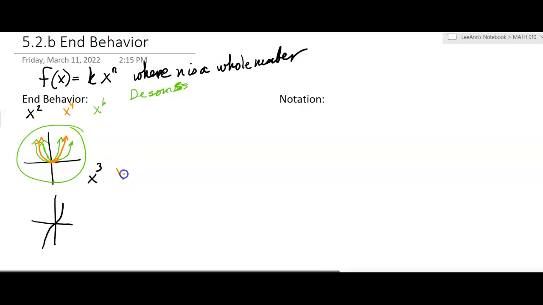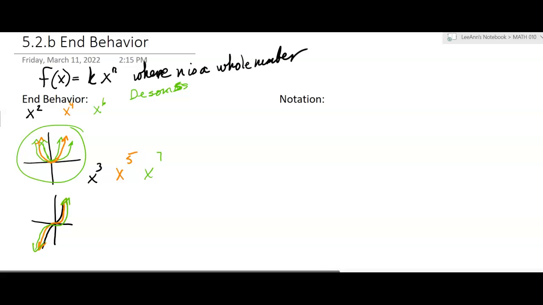And then if we graphed x to the fifth, it would be the same thing, but again, it flattens out a little bit around the origin. Or if you had x to the seventh, again, it kind of flattens out a little bit. So I don't have them drawn very well, but you could draw those, or they're pictured in the book as well.